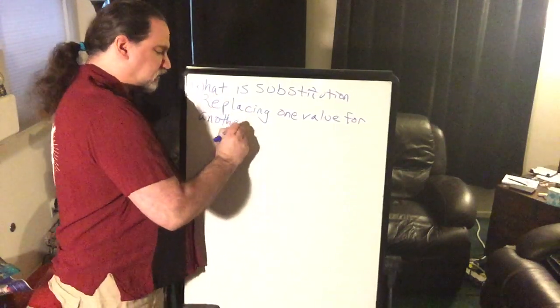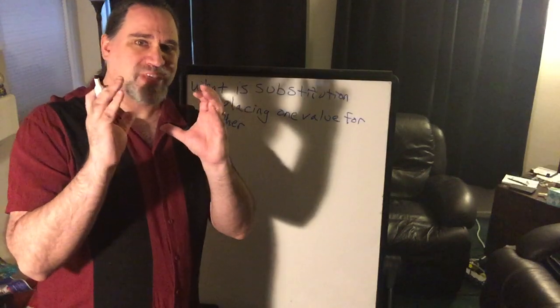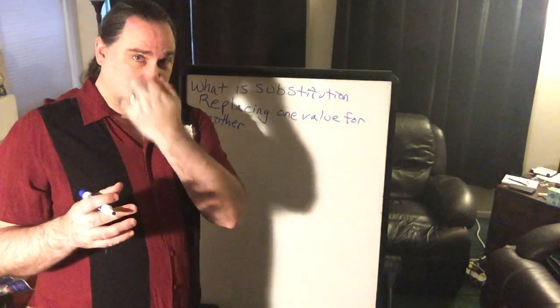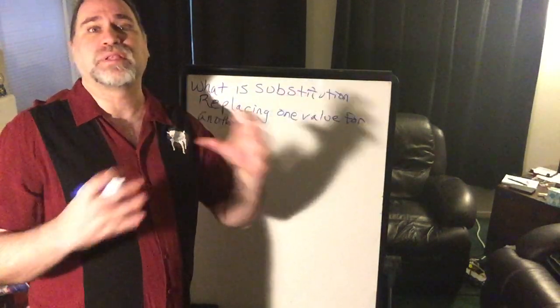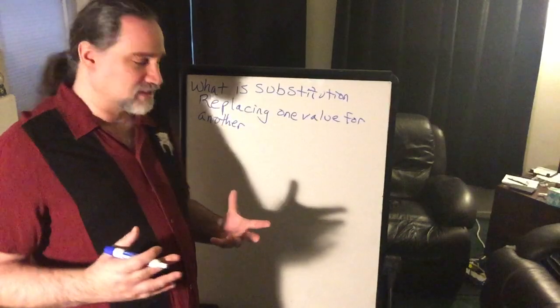And more specifically, when we start doing it with equations, we're going to substitute a whole expression for one variable, and when we do that, we will be left with an equation that only has one variable in it that we can solve for, and that's what makes this exciting.